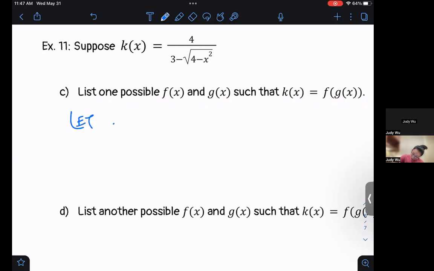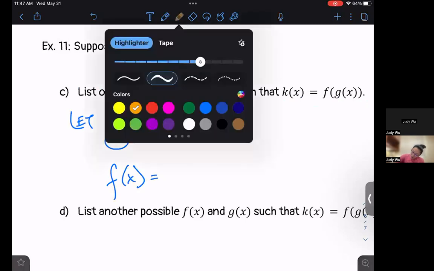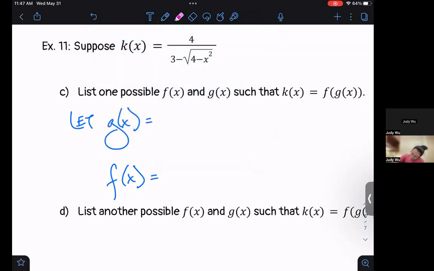Let g of x be the inner one and f of x be the outer one. Well, one thing I could do, I could say that this pink blob is going to be the input to the second function. That would mean g of x is the square root of 4 minus x squared.